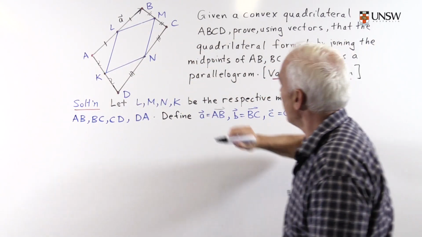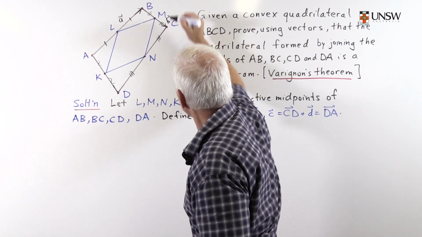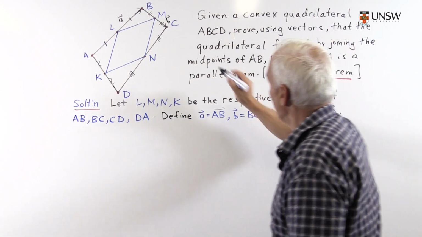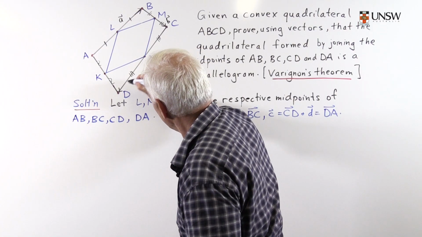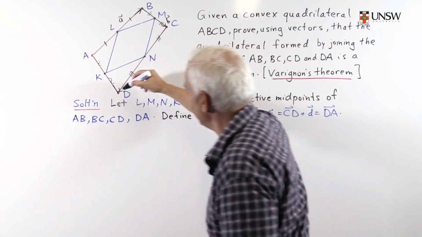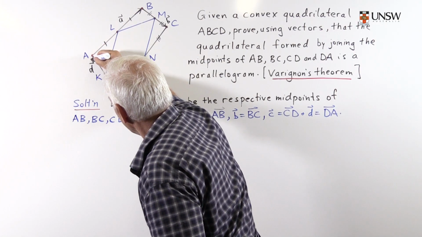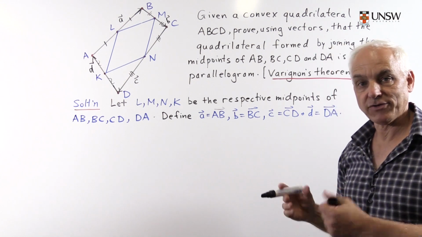The vector b is the one from B to C, so from here to here, that would be the vector b. Vector c is from C to D. There it is there. And the vector d from D to A.